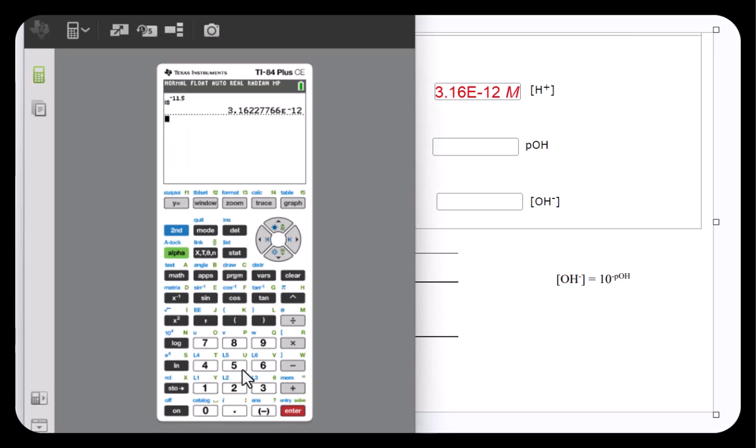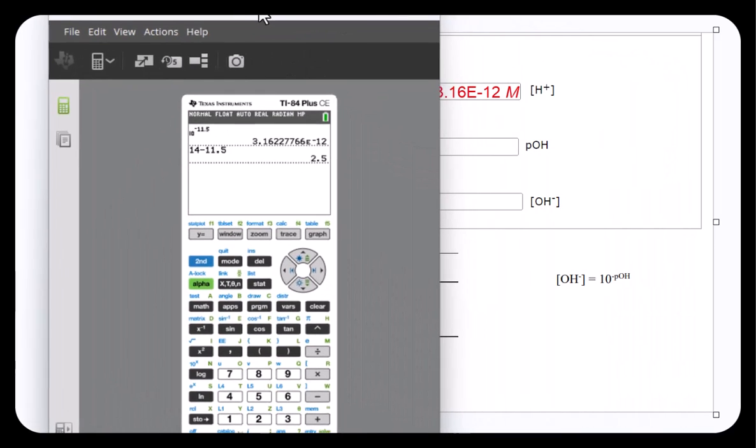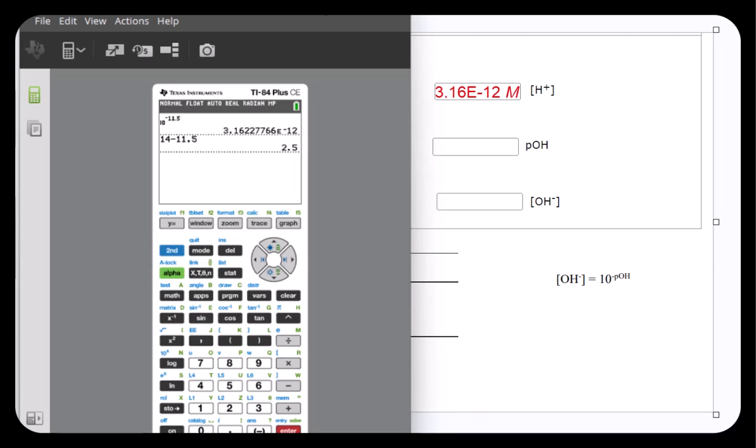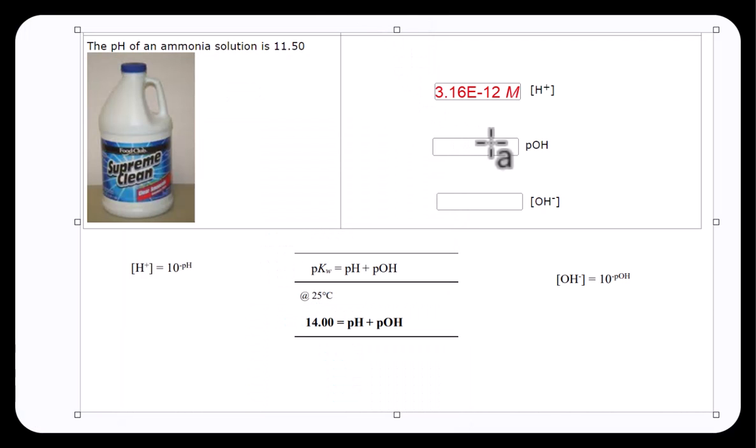And I'll figure that the pOH is going to be, and that was 11.5, I'll take 14, and I'm going to subtract 11.5 from it, and of course 2.5. Now notice, the smaller your value, the smaller your, in fact, let me get that up again because, yep, a nice even 2.5.